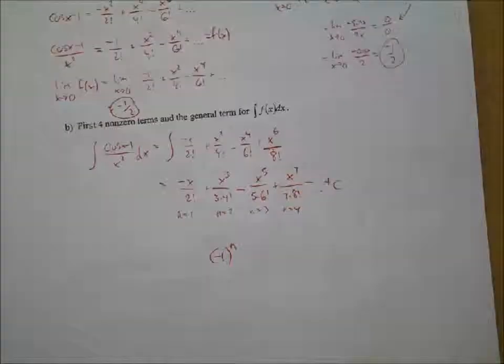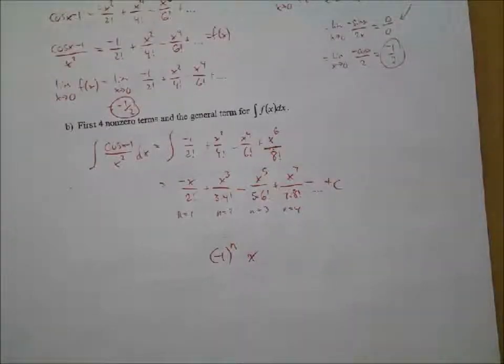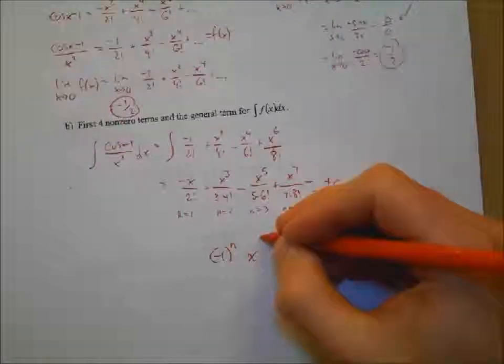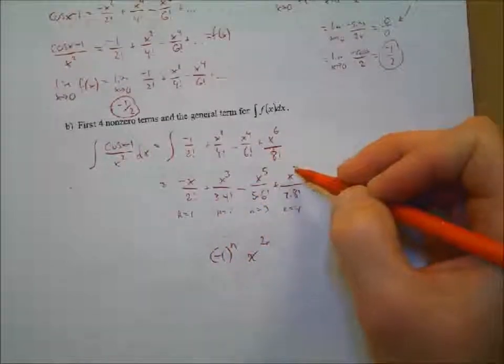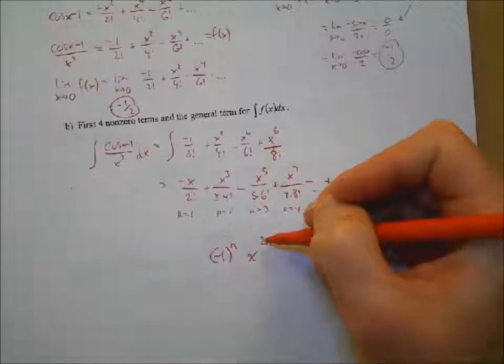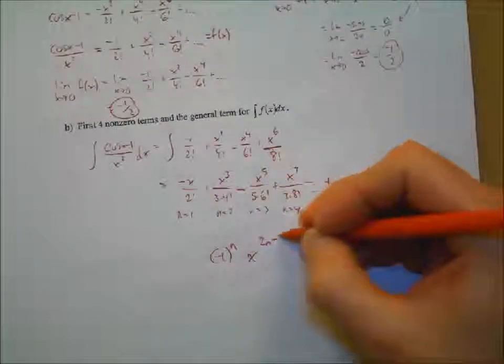What else do we notice? Let's talk about our numerator. Our numerator always has an x, but what about the powers of that x? They're odd, and they go up by 2 each time, so 2n, but 2n doesn't quite work. If I put 1 in, I get 2. I need it to be 1, so 2n minus 1 will also give us odd.